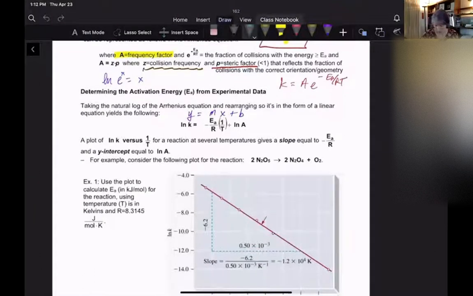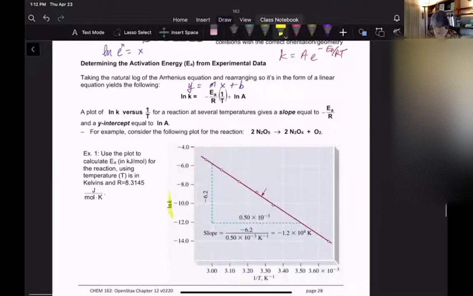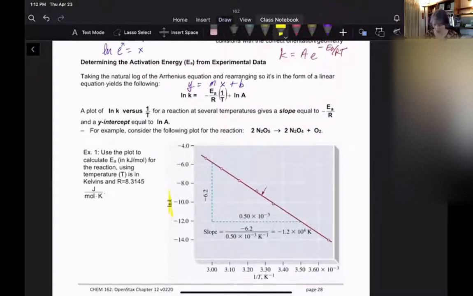So we'll plot ln k on the y-axis and 1 over T on the x-axis to get a linear fit. From there we can get the slope. So here's our slope calculated for us.